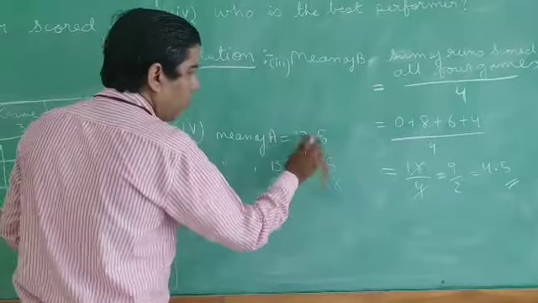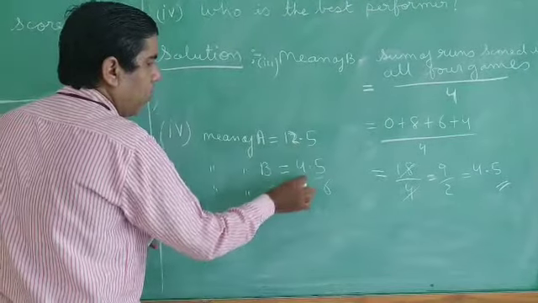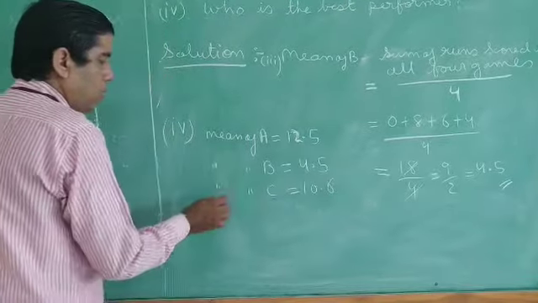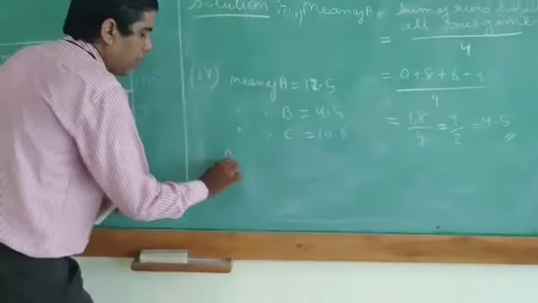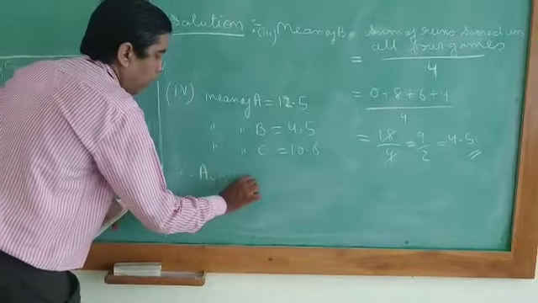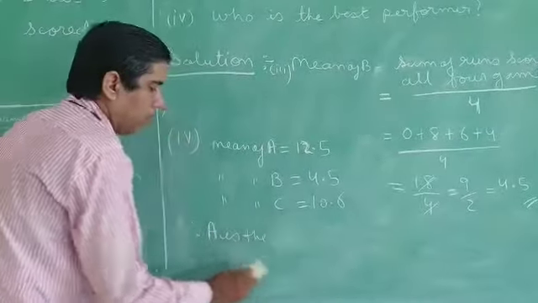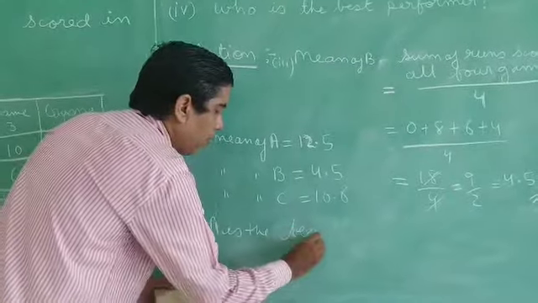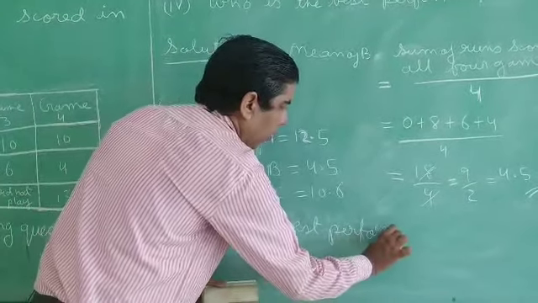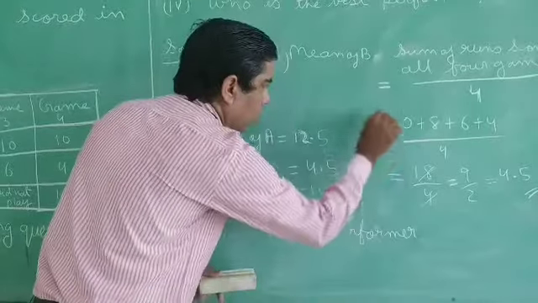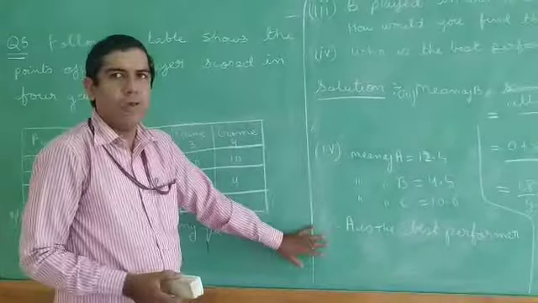So you can see from all these three, 12.5, 4.5 and 10.6, who is the best? Therefore A is the best performer.